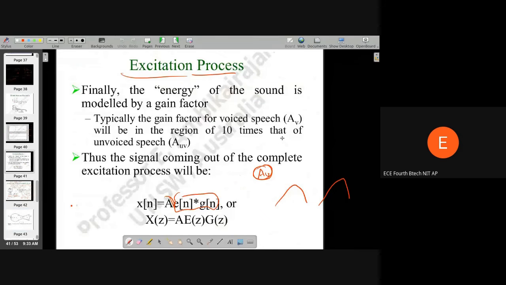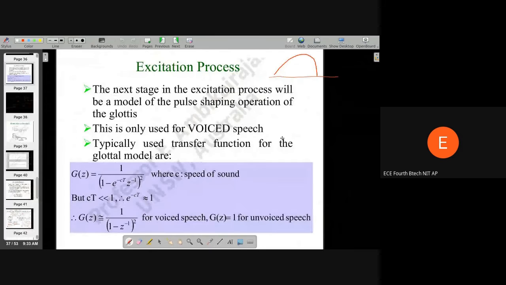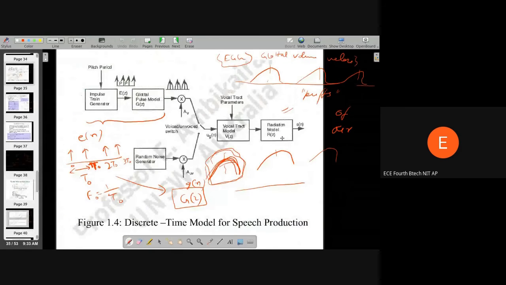So now let's go back. What we have achieved is this point. This is your input excitation signal. There is a model for the glottis for voiced; for unvoiced it is not there, basically delta(n) or G(z) equal to 1. So we reach this point. This is the excitation after passing through the glottis, glottal excitation, you can say.